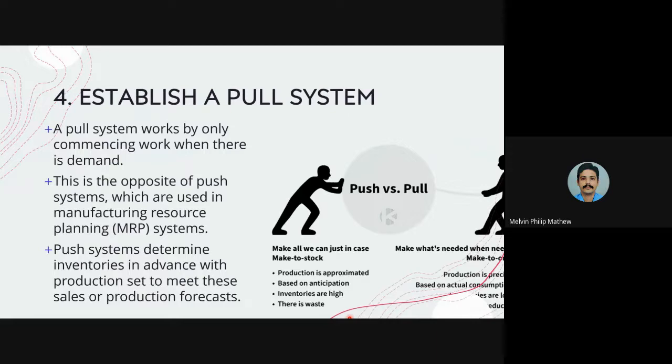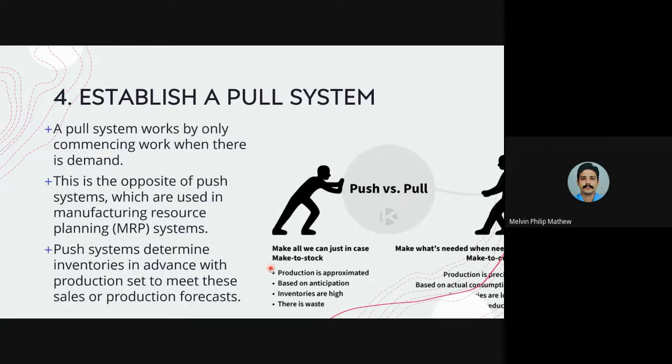Next comes establish a pull system. So what is this pull system? You can see a figure here, push and pull system. In a push system, the production is approximated based on anticipation, inventories are high and there is waste. So that is the push process.